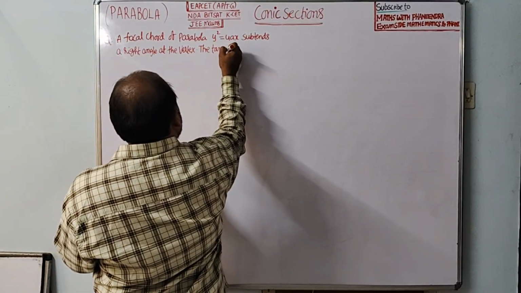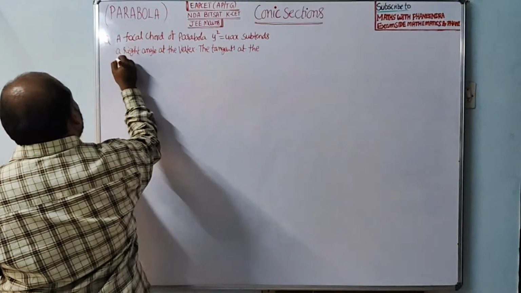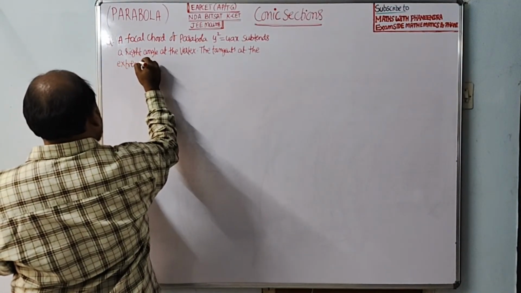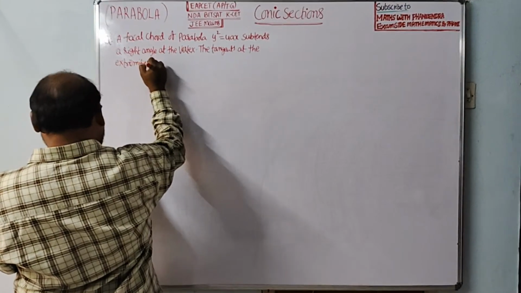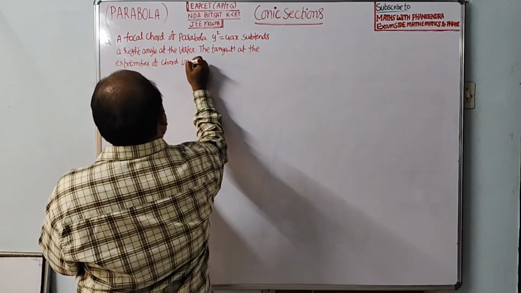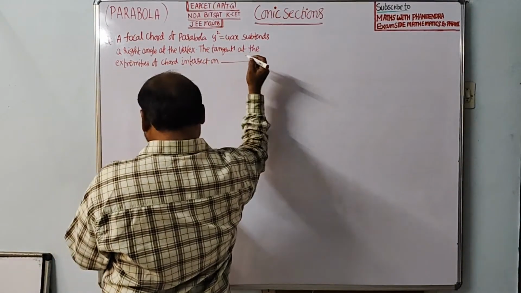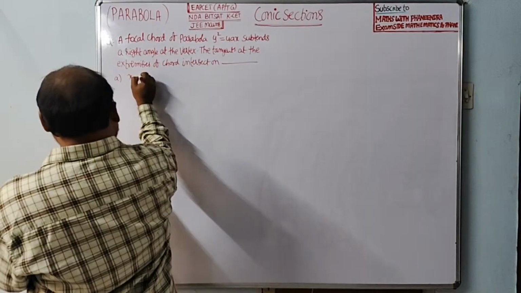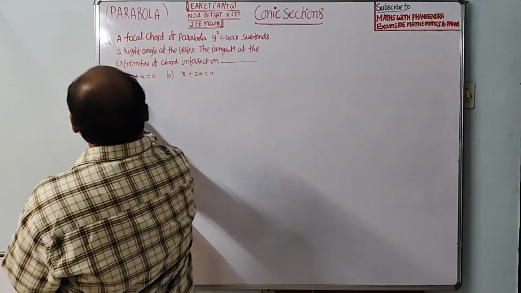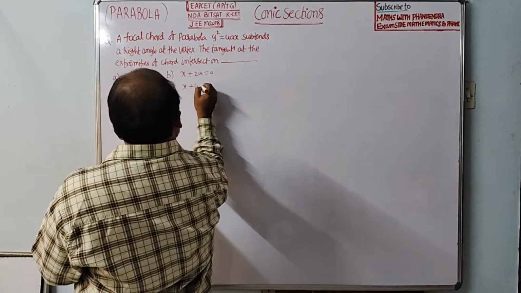If the tangents at the extremities of the chord intersect on, the options are: x plus a equal to 0, x plus 2a equal to 0, x plus 3a equal to 0, x plus 4a equal to 0.